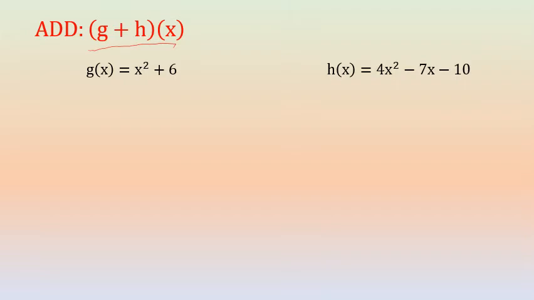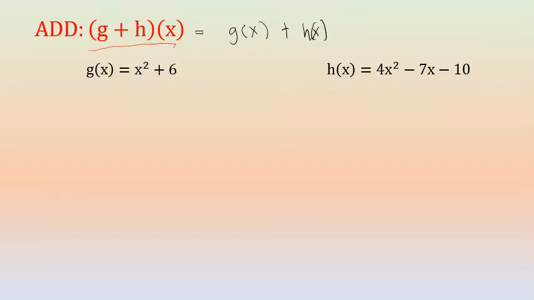First thing that we have to do is, based on this formula, g plus h of x, this must be equal to g of x plus h of x. Yan. So, given this formula, we must now substitute.